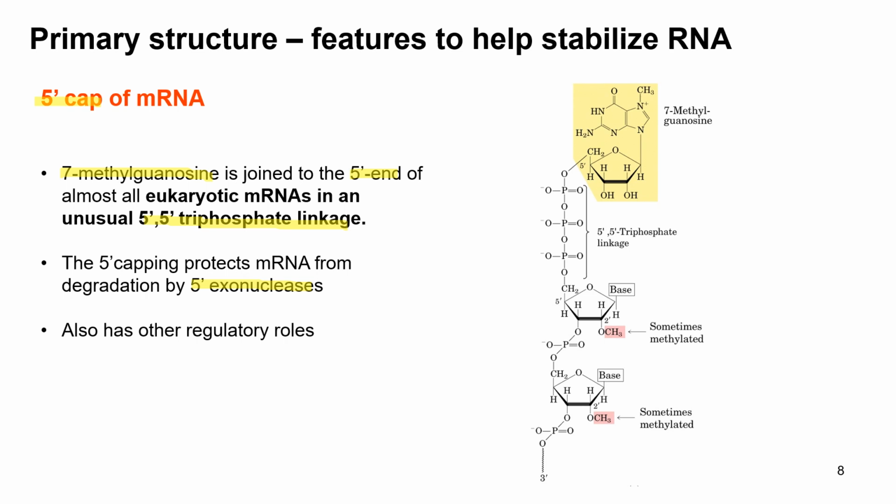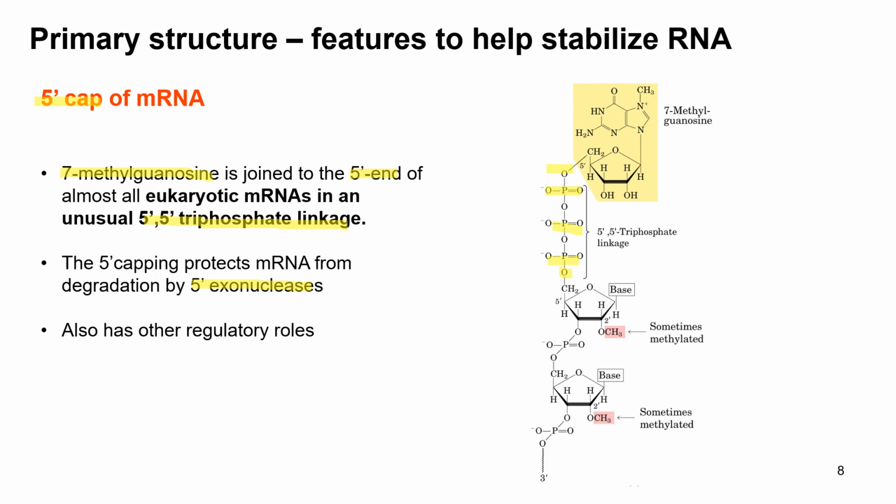So it has 1, 2, 3 phosphate groups connecting the 5' OH of the capping nucleotide and the 5' OH of the first nucleotide. So this helps to prevent the 5' exonuclease from recognizing and binding to the mRNA. And it also has other regulatory roles.